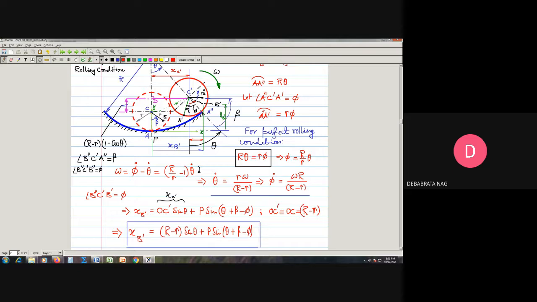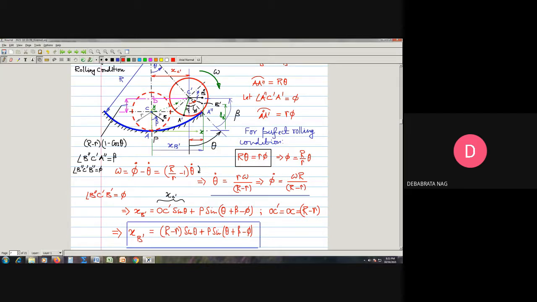Now there is an interesting thing we need to note. If this body is a cylinder and this arc length is there, if we allow this to rotate without slipping, it will actually generate a curve. Consider the locus of the point of contact, because your point of contact is changing.